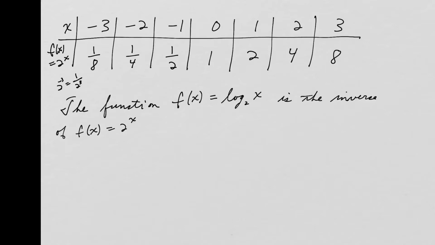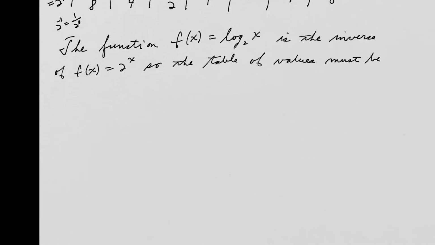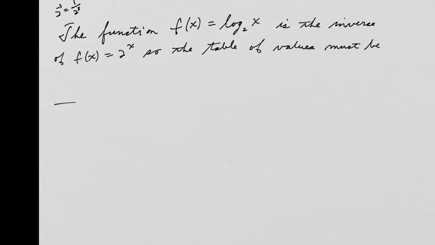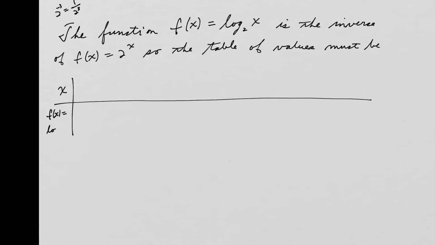So that means the table of values must be the following. So if I make a little table here, so now this is x, this is f of x, but now this is log base 2 of x.